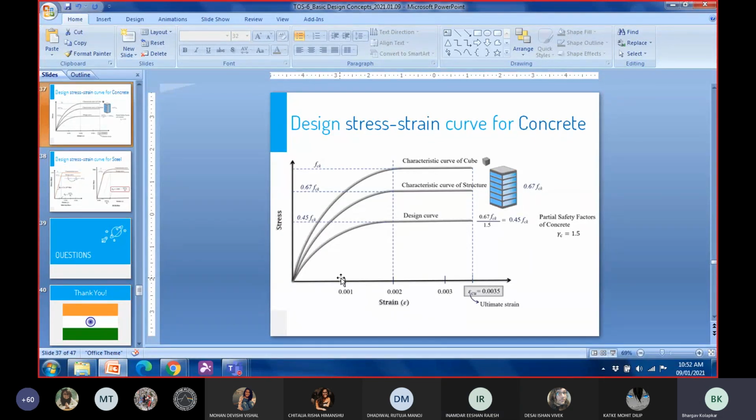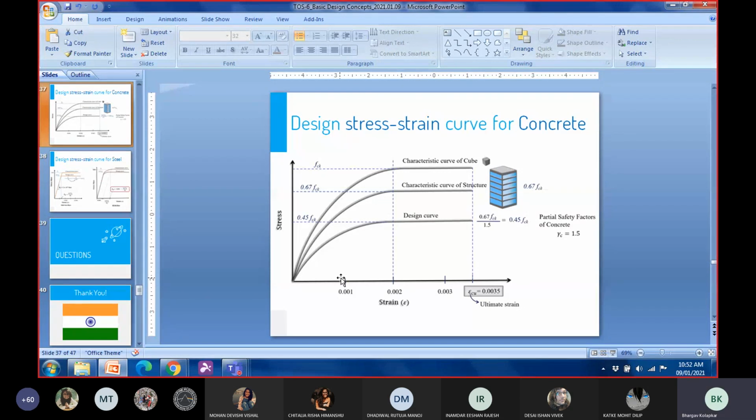When we convert from a cube to an actual structure, we use the factor of 0.67. I don't want to increase your confusion, but since you asked, when we are converting from a cylinder to a structure, we would use 0.85.